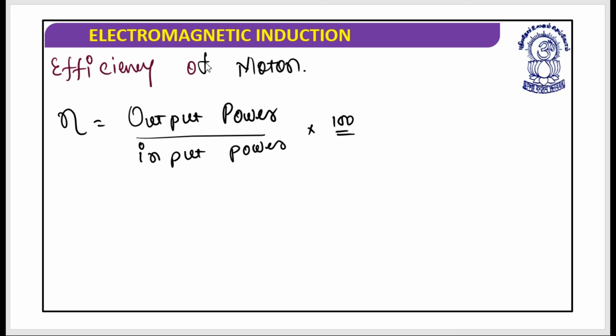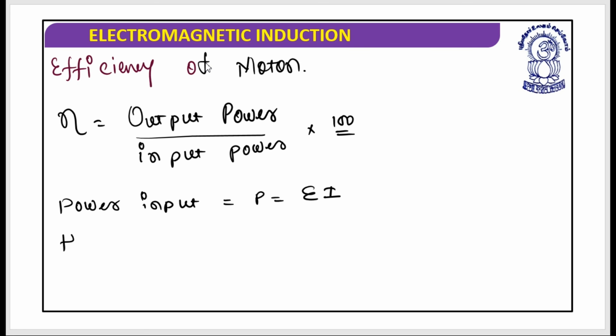So let's discuss what is input power and what is output power. We understand that the power input to the motor is the supply voltage multiplied by current. This P we call E into I.